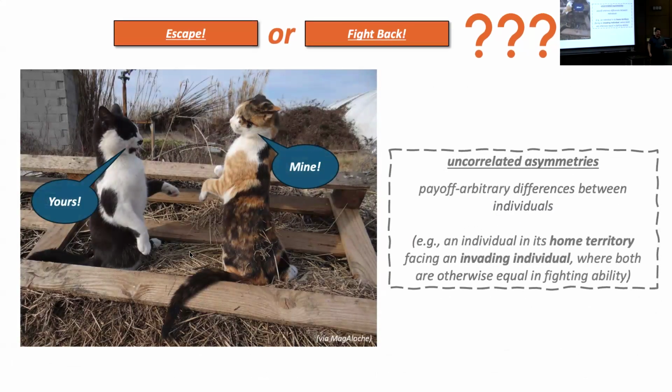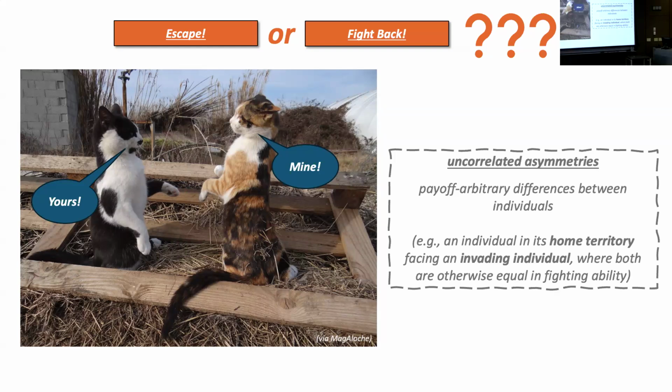But then there's also uncorrelated asymmetries. So there can be two animals where one animal is not obviously stronger than the other animal. There might be differences in the way they look, but none of those differences correlate to whether they would win the outcome. And in these cases, oftentimes these contests are resolved by uncorrelated asymmetries. So there are other asymmetries not correlated to the animal.